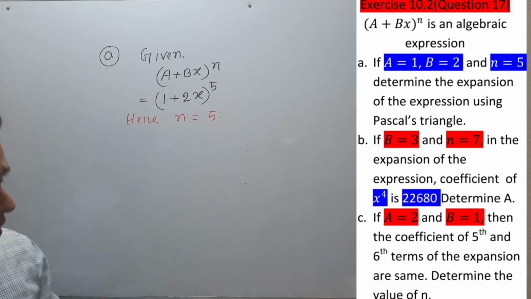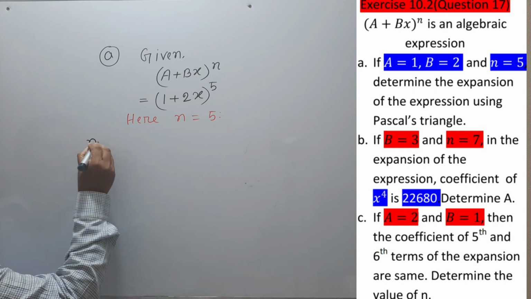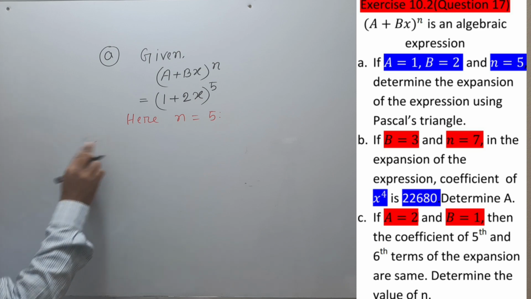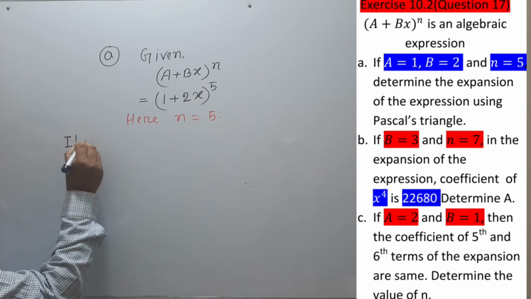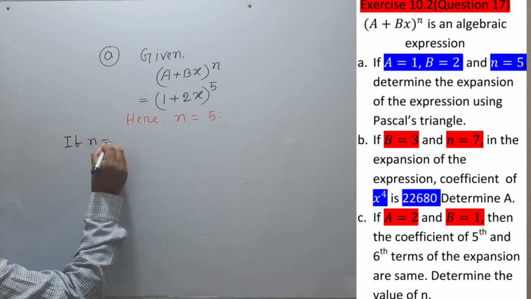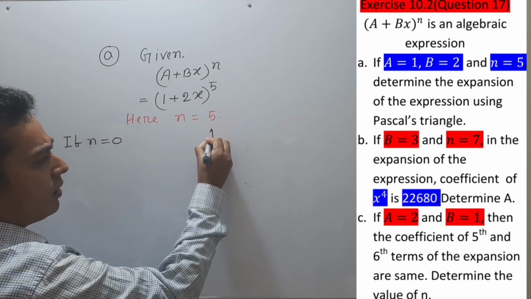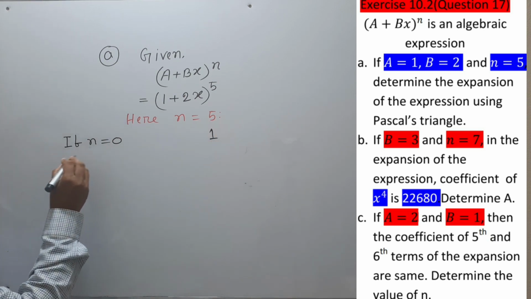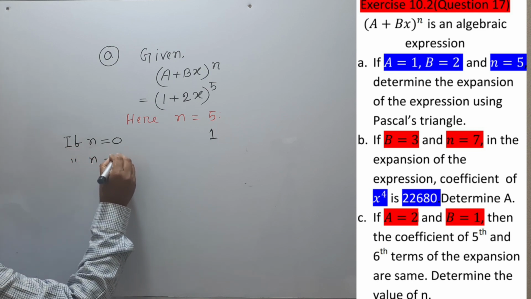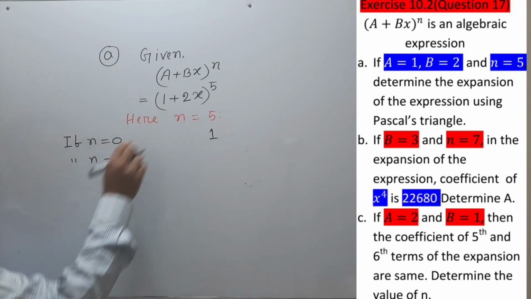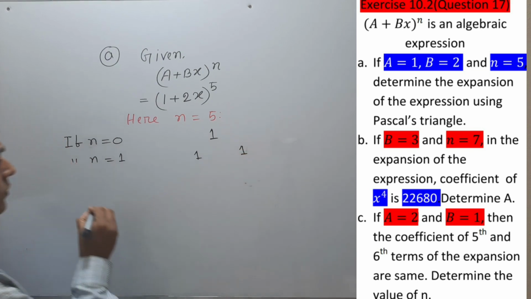If n is equal to 0, then we have to start from 1. If n is equal to 1, degree is 1, power is 1, then this is 1 and this is 1.